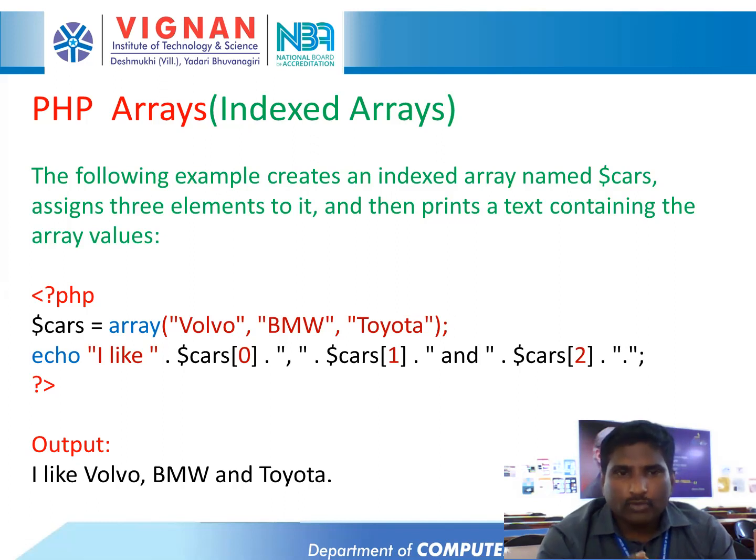What is the output for this? Volvo. I like Volvo, and then some index 1, comma BMW, and the output is like this: I like Volvo, BMW and Toyota. So we are printing by using the corresponding indexes. That is indexed arrays.